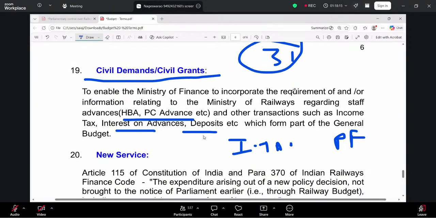Please remember, these are called civil demands. After receiving the grant, we call them civil grants. These estimates we also prepare because it is related to railways, so it is called civil estimates, not part of railway expenditure. Income tax, advances, deposits. Okay.